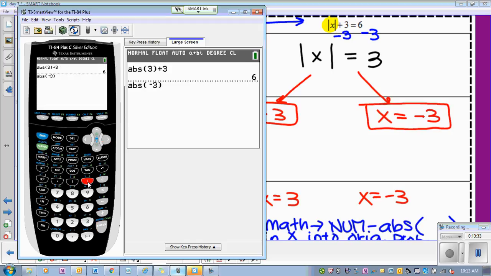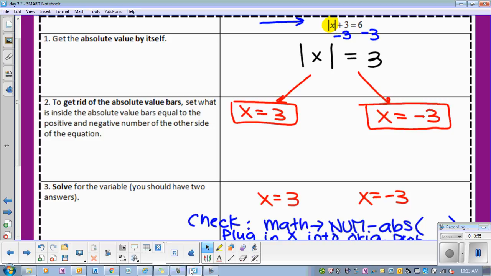I'm going to close my parentheses. Plus 3. If this is a solution, when I hit enter, I should get what? 6, just like the original problem. There we go. So they both work. All right, so I'm going to say check and check. They both work.